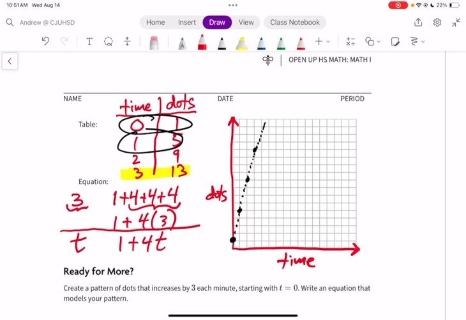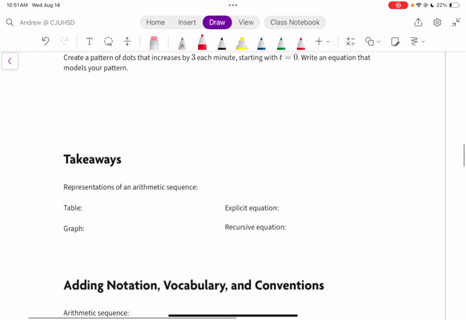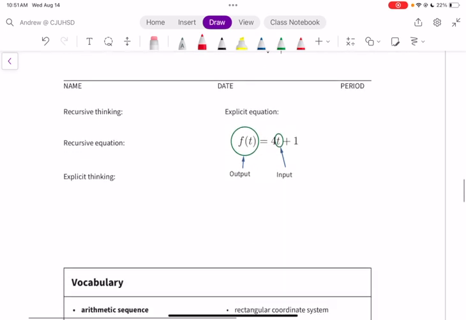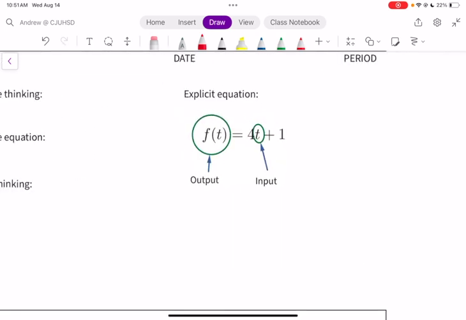Now, we're going to show you an official way to write a rule like this using something we call function notation. And it's later on in the lesson, it's actually right here. Let me break this down. This is a function, and it's named f.